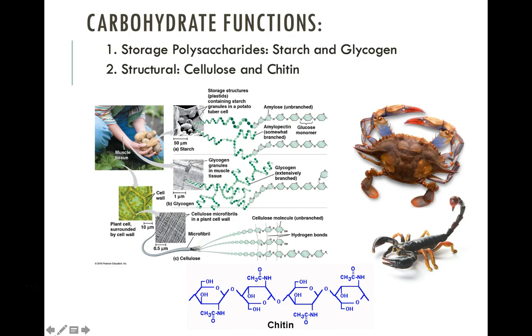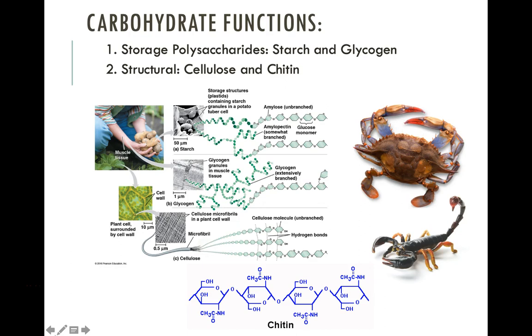This is from our book, and it's a single image that shows a variety of different carbohydrate functions in one scene. We have a farmer here holding potatoes. We can see there are plants in the picture, there's potatoes, there's muscle fiber, and it just shows some of the ways that carbohydrates are used by living organisms. So the first structure we have is starch.